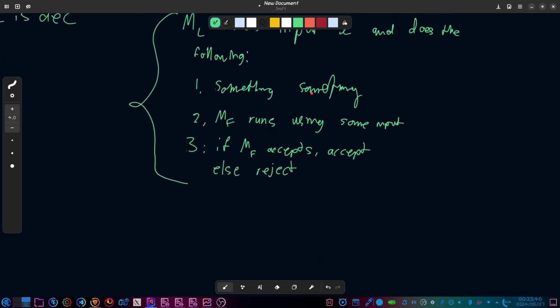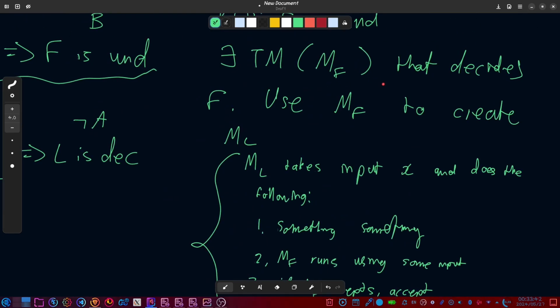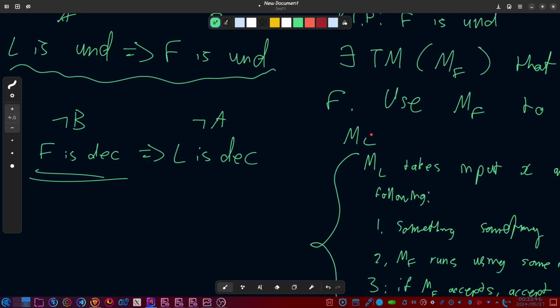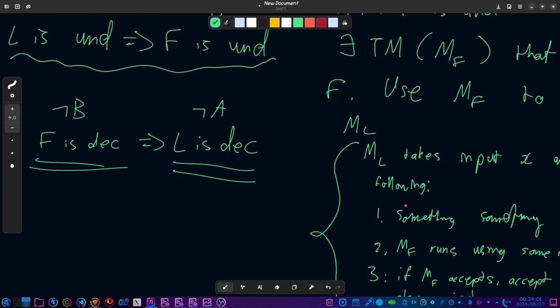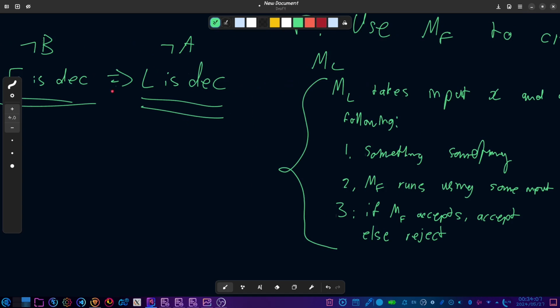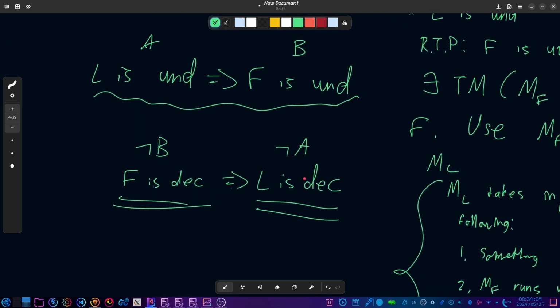Right? So what that does is, okay, we've said F is decidable, right? So now we're going to craft a decider for ML, and crafting a decider for ML will show that if this side is true, then that side is true, right?